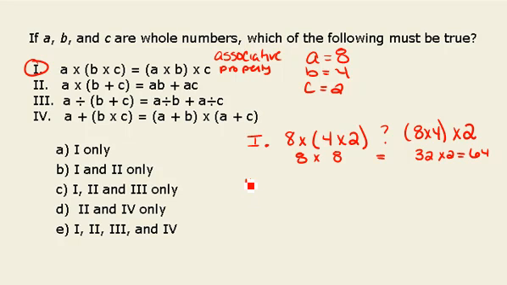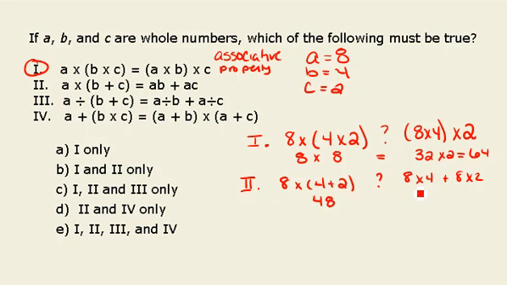If we look at number 2, we could again try to verify it using our example. A is 8, b is 4, and c is 2. Therefore, we have 8 times the quantity of 4 plus 2, and we want to know whether or not it's equivalent to a times b, or a times 4, plus a times c, which is 8 times 2. Looking at the left-hand side, if we add 4 plus 2 first, because that is in parentheses, we get 6, and 8 times 6 is 48.